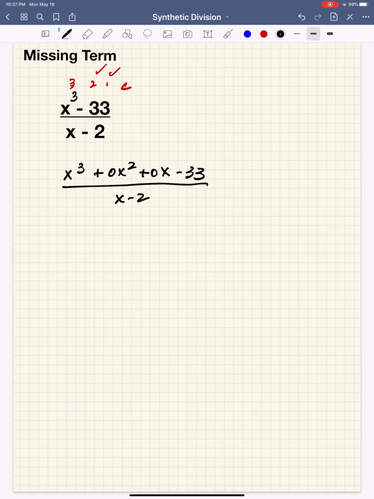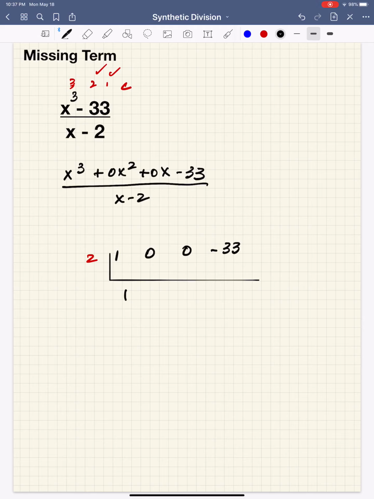And so here we go. 1, 0, 0, negative 33. On the outside will be 2. And we can start the problem.